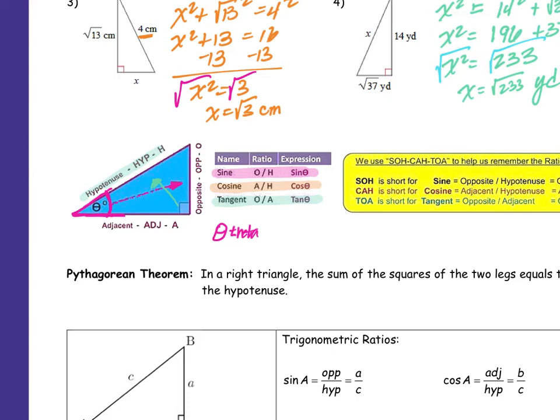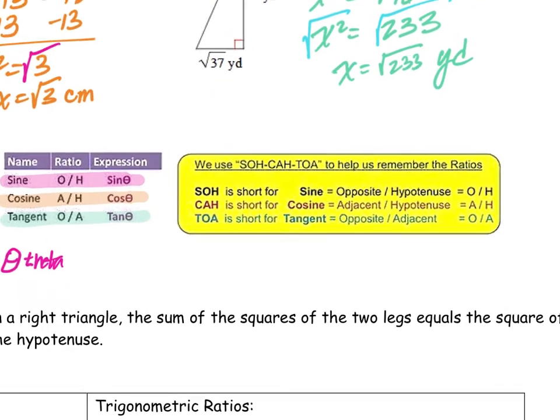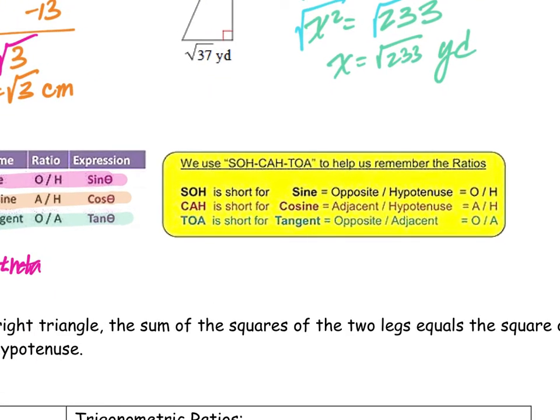And then there's the mnemonic way we remember it. It's called SOHCAHTOA, and it's just a way to remember the ratios. I have it written down below too. SO is short for sine, which is opposite over hypotenuse.